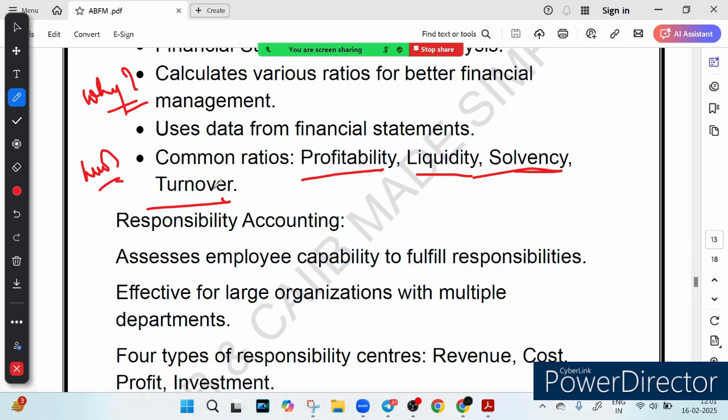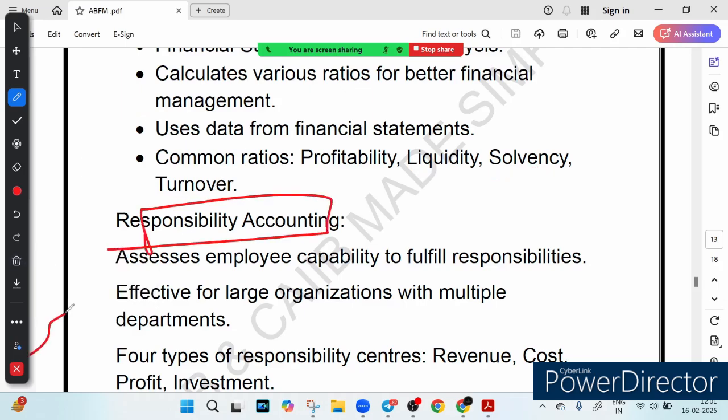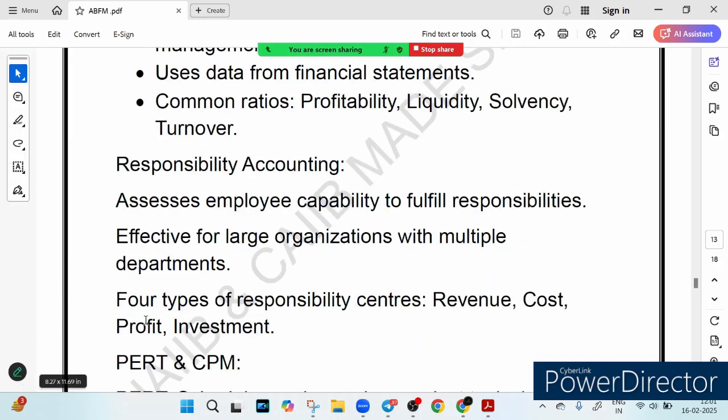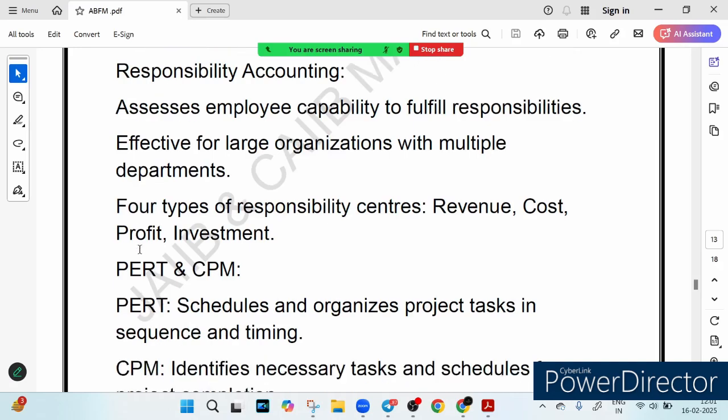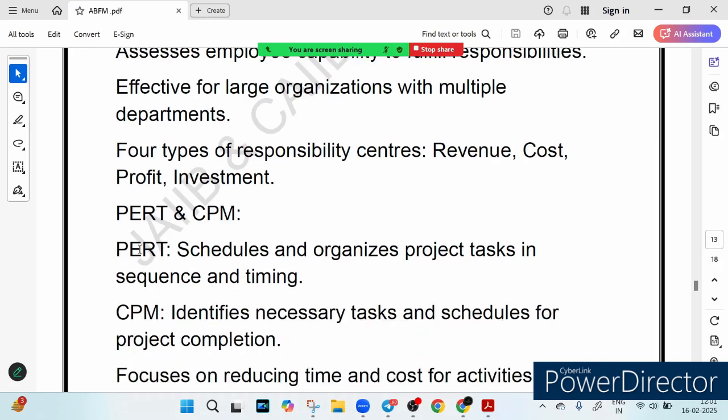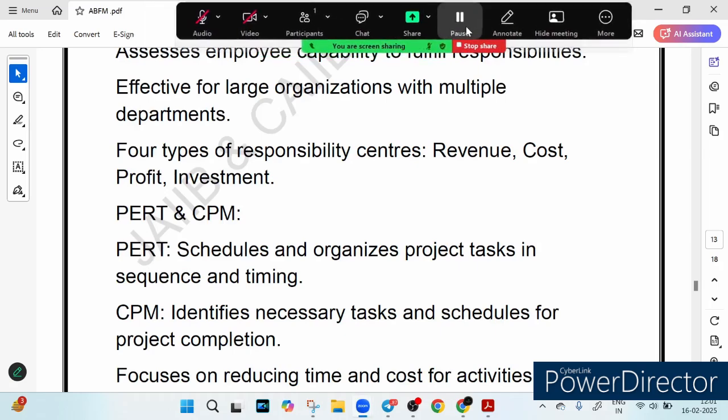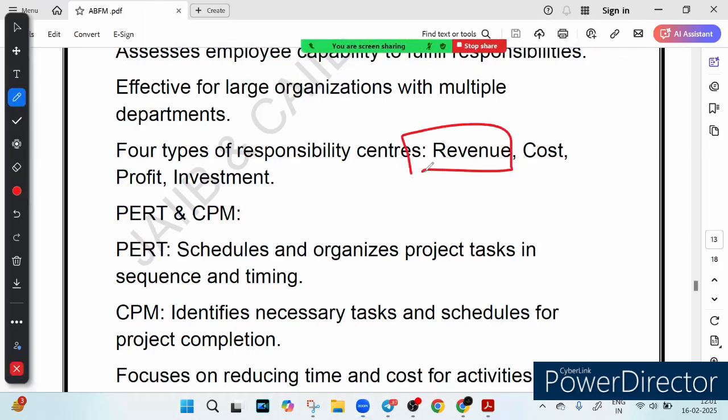And now there is something called responsibility accounting. You know what is the meaning of this so-called responsibility accounting? Let's discuss it now. So friends, big organizations have multiple departments and each department is responsible for different tasks. Employees are held accountable for their financial performance. Now, there are 4 responsibility centers. The first is called, you must know it, the revenue center, which focuses on generating income.